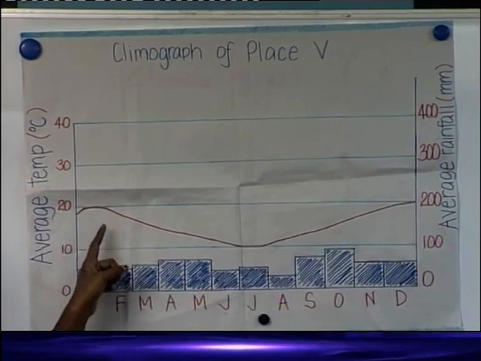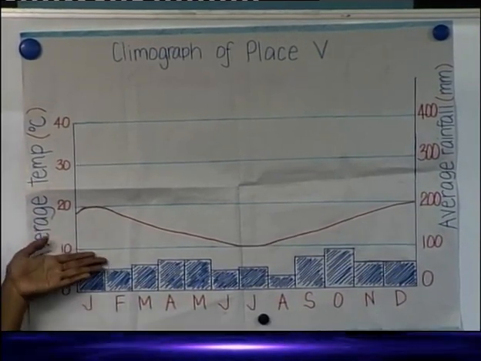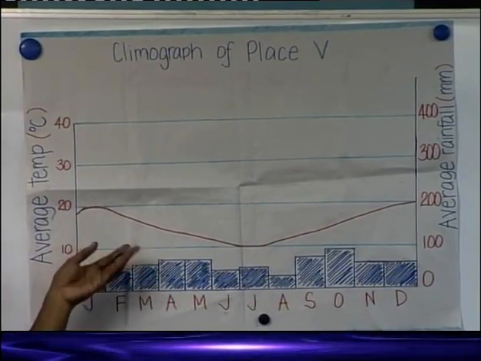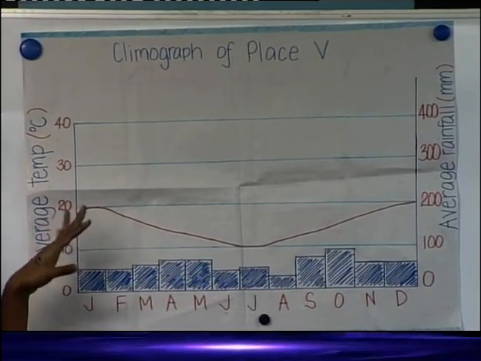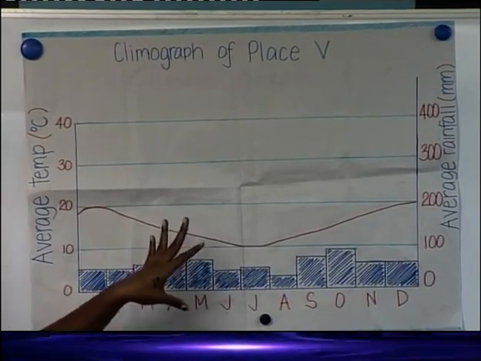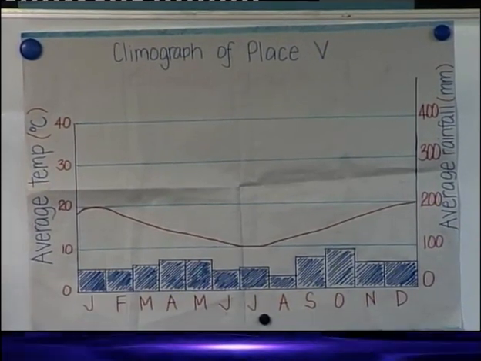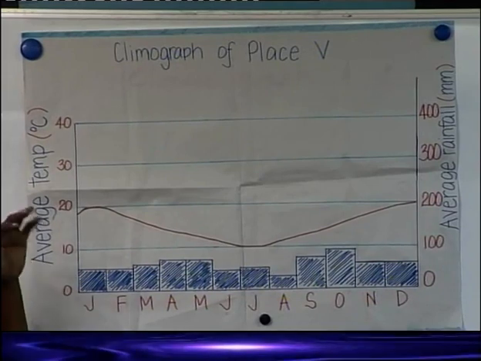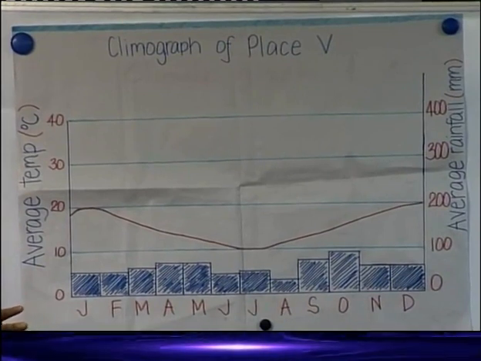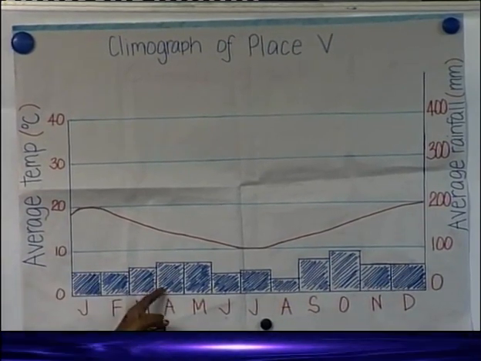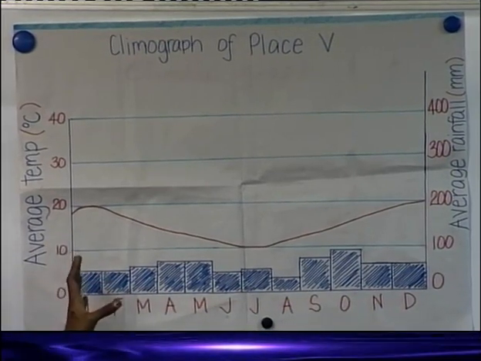By looking at this climate graph, or climograph, you can describe where this place is, whether it's in a hottest region or in a coldest region. Looking at this climate graph here, where do you think place V is situated?